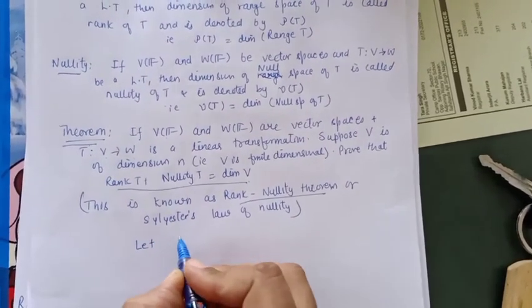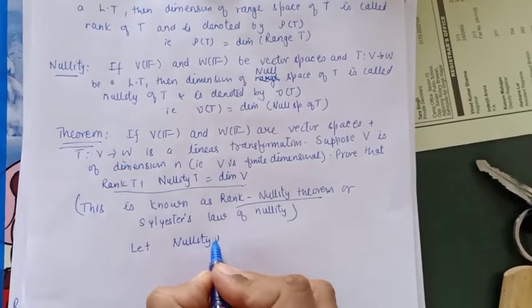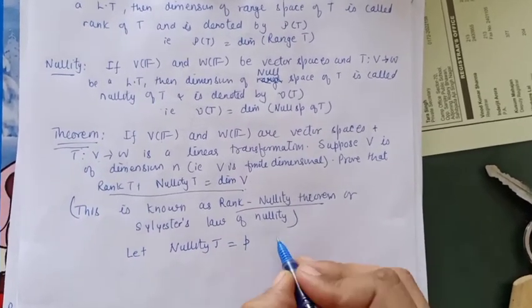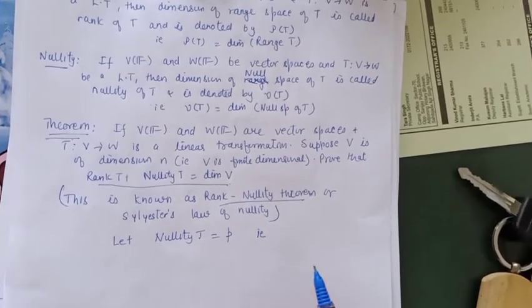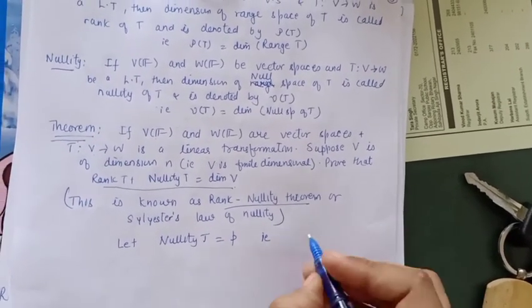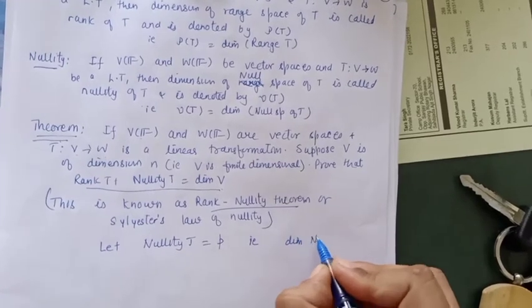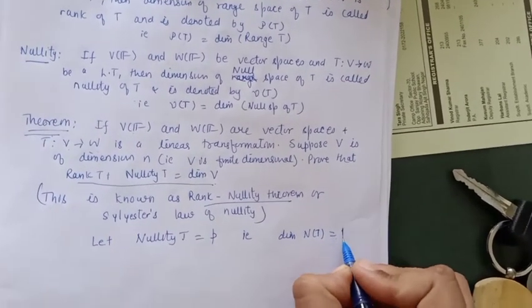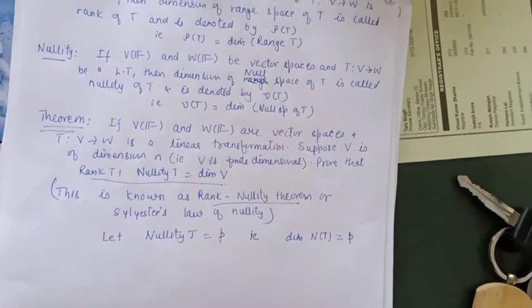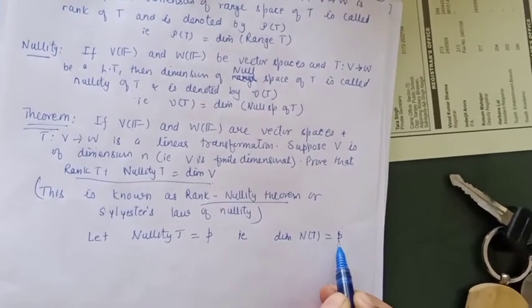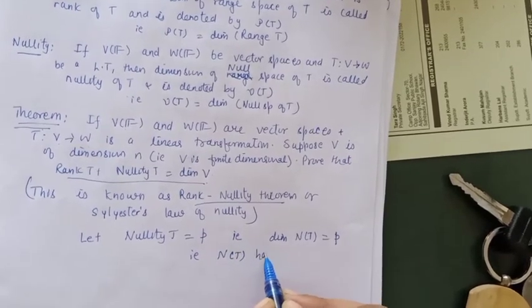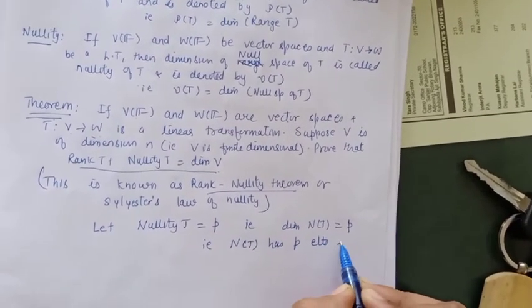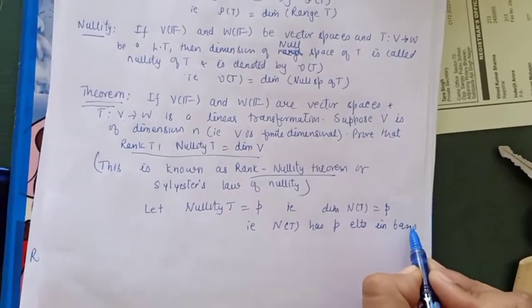Let us suppose the nullity of T is p. That is, the dimension of this null set N(T) is given to be p. Since the dimension of this set is p, this set N(T) has p elements in a basis.